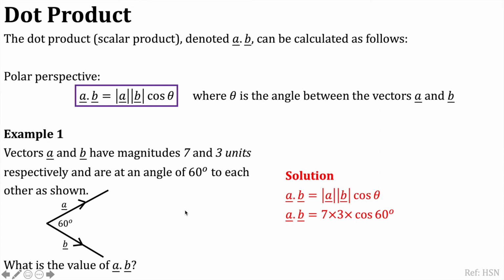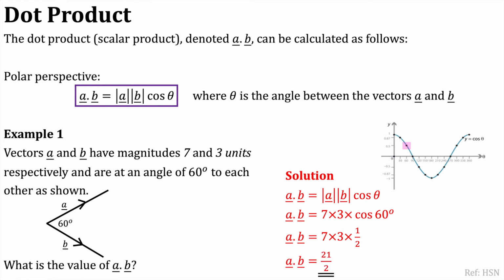So we've got the magnitude of A is 7, magnitude of B is 3, multiplied by cos 60. Cos 60, remember, has an exact value of a half. 7 times 3 times a half is 21 over 2.